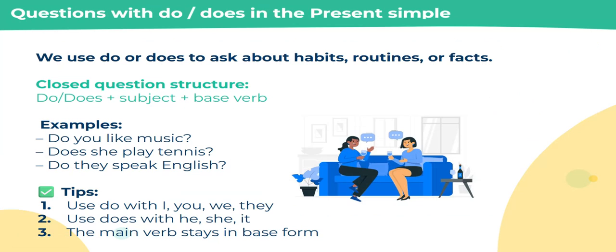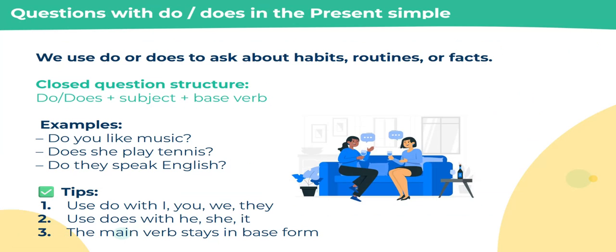Our closed question structure uses do or does plus the subject plus the base verb again. Examples. Do you like music? Does she play tennis? Do they speak English?